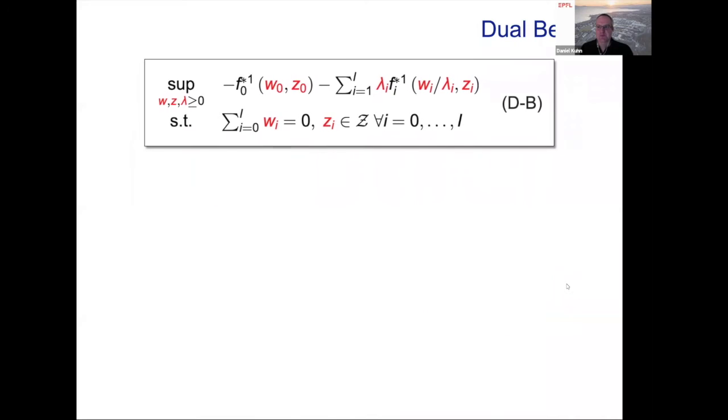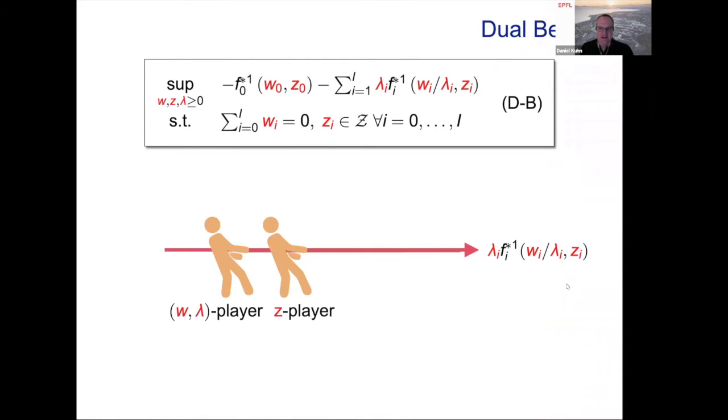So this dual best problem is fundamentally different from the primal worst problem in that the metaphorical evil adversary who selects the uncertainty realizations now cooperates with the decision maker instead of trying to inflict damage. So they're both maximizing.